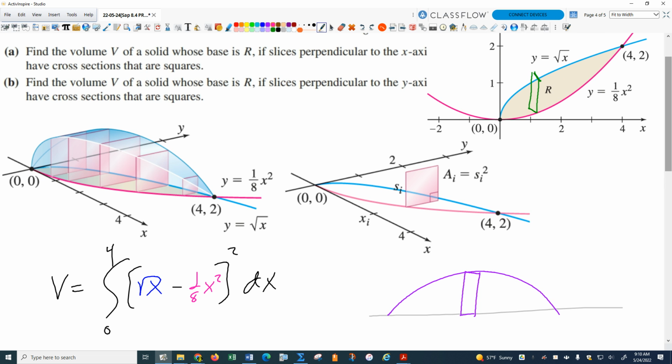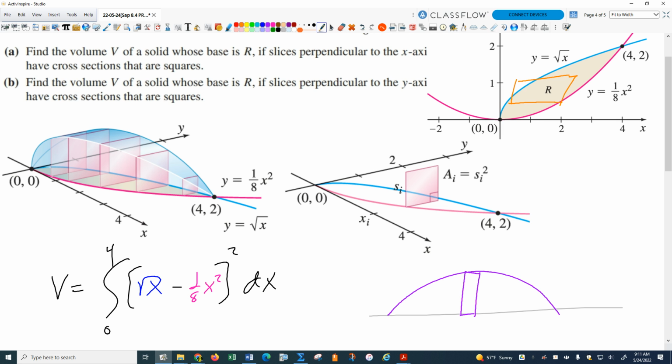If we're slicing perpendicular to the y-axis, and this is defined as our base, then these are the slices, and those are defined to be squares, right? It's going to look a little bizarre. It's going to be kind of shifted a little bit, so I don't have a picture of it, but you can probably evoke an image.